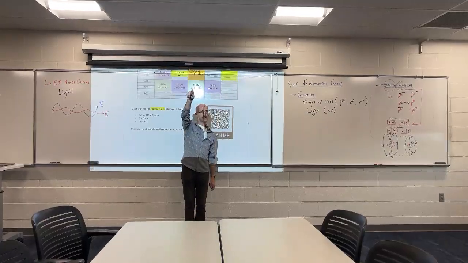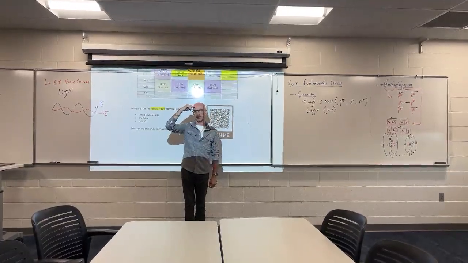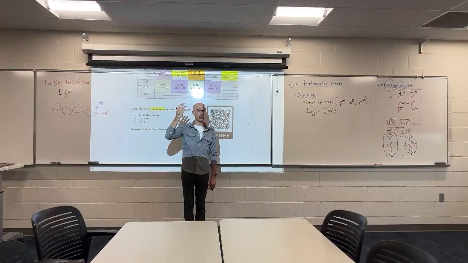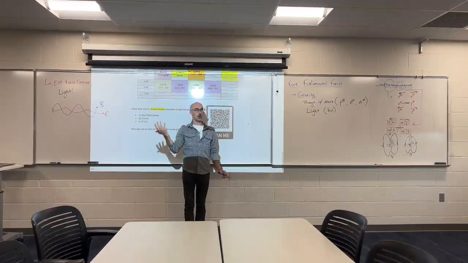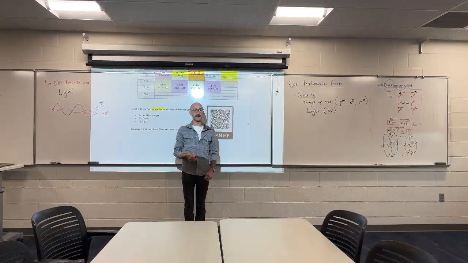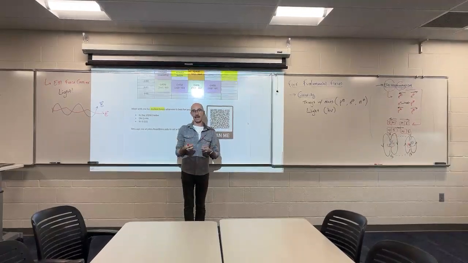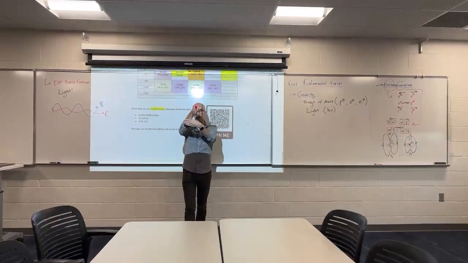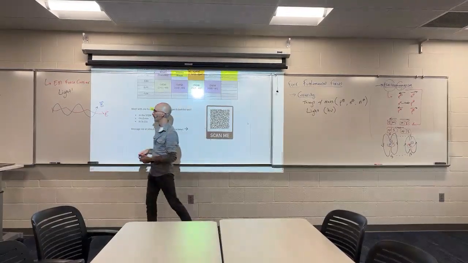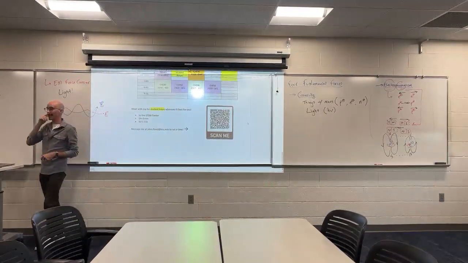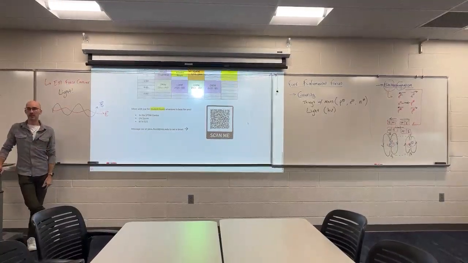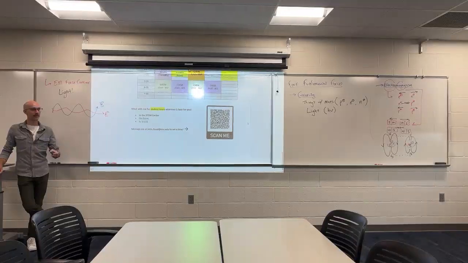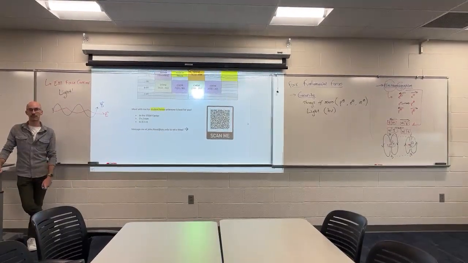So the light that's coming into my eye right now is interacting with the electrons via the electric field. But there is also the magnetic field that is there. They are propagated at the same time, but they're propagated perpendicularly to each other. And this is the idea that if you have an electric field, you have a magnetic field. If you have a magnetic field, you have an electric field.